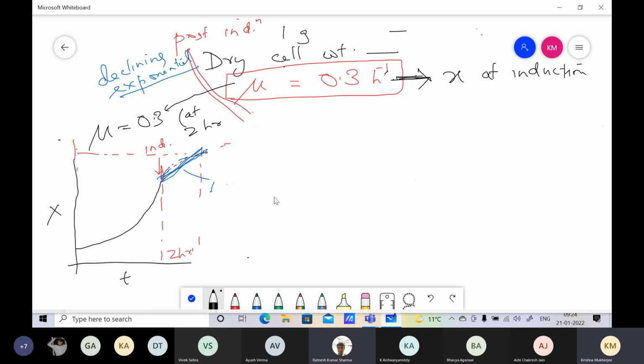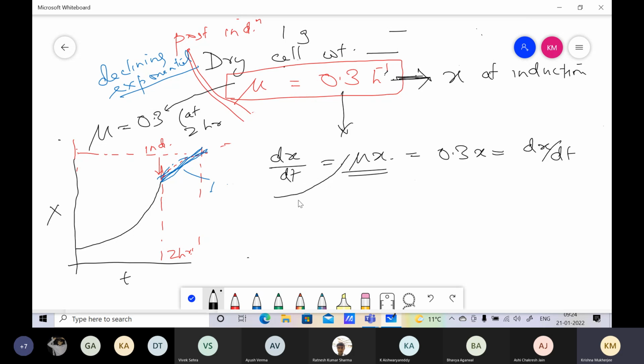At this point, X at induction, it will be growing at mu into X, which is 0.3 into X. 0.3X is your dx by dt, because dx by dt is equal to mu into X. At the time point of induction, it is 0.3 into whatever is the X. Maybe 30 grams, maybe 20 grams.